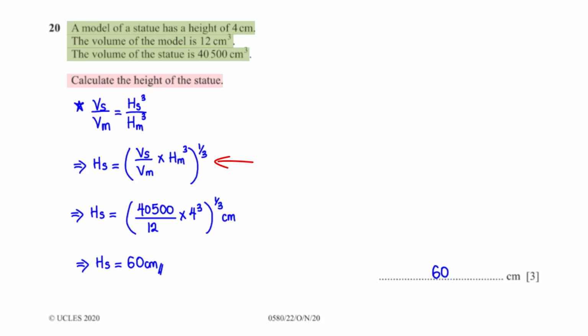Vs is the volume of the statue, and that is 40,500 centimeters cubed. Vm is the volume of the model, which is 12 centimeters cubed. And hm is the height of the model, which is 4 centimeters. When we type this into the calculator, we get the height of the statue as 60 centimeters.